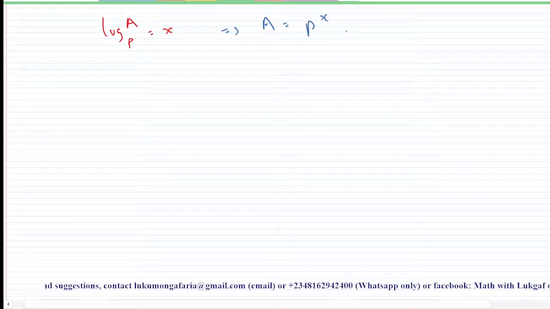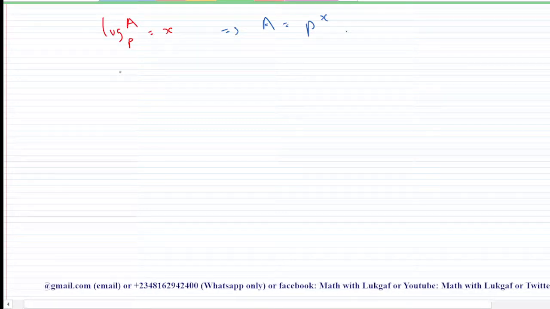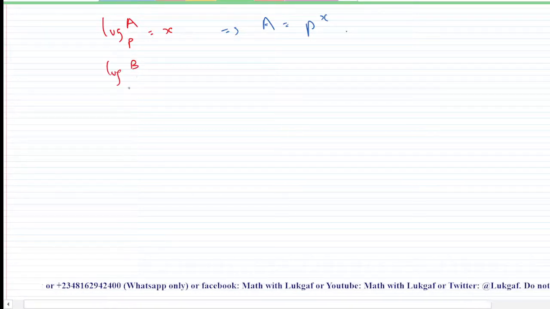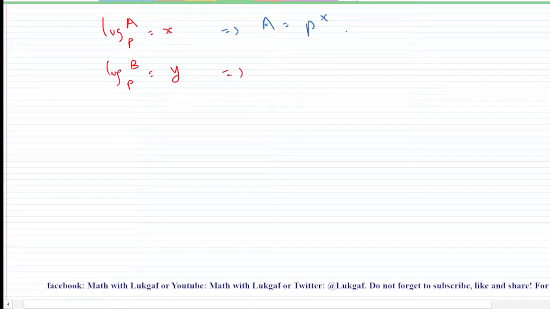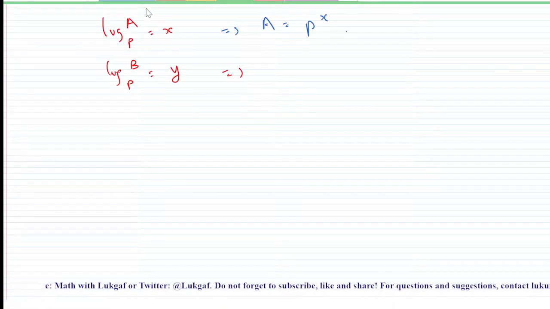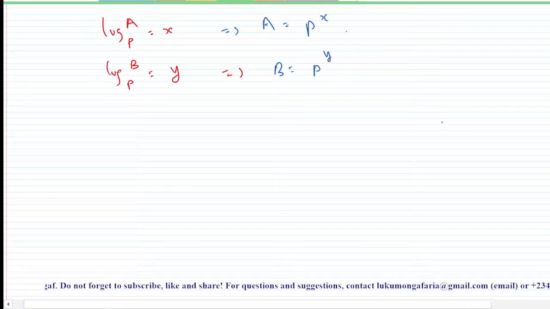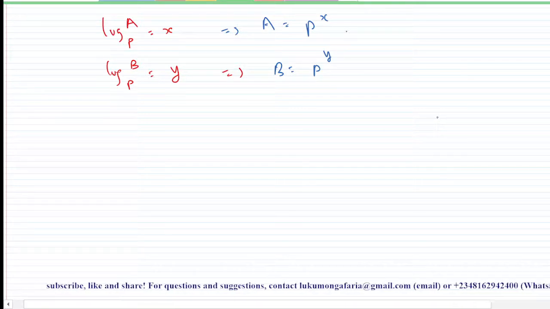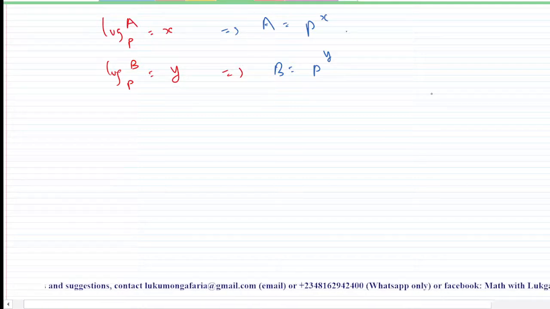Now let's say again I have log b base p equals y. Likewise, my b is going to be p raised to power y. If that is taken, let us now take each of the laws one by one.